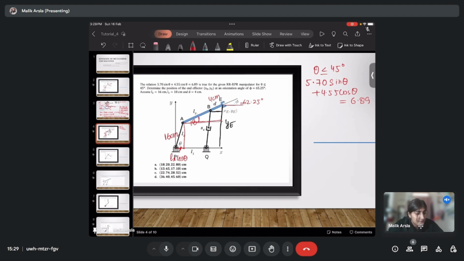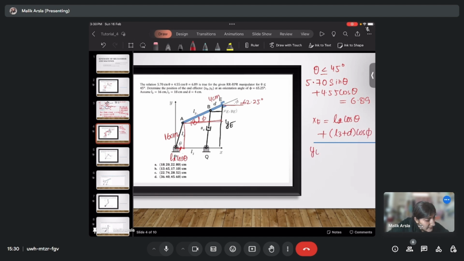This angle is phi, so this is also phi. So the XC coordinate will be L2 cos theta plus L3 plus D cos phi, okay?